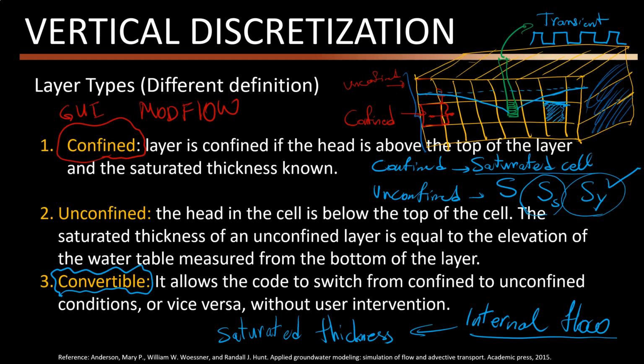Okay, so that's why usually people in the GUIs or in the models check the cell to be convertible, but it is not always the case.